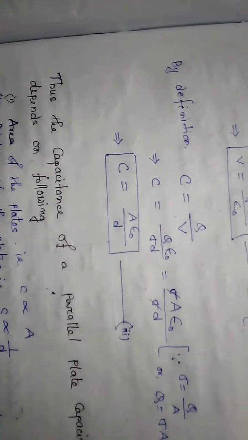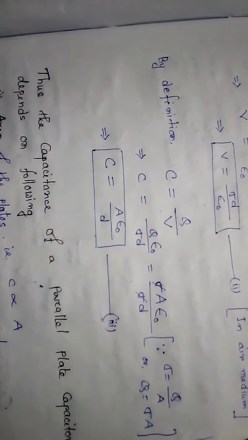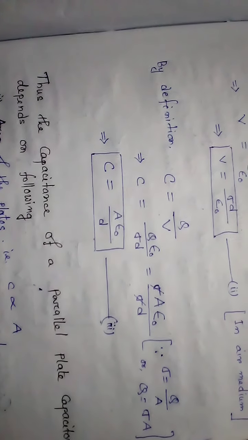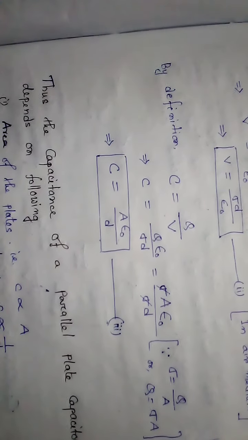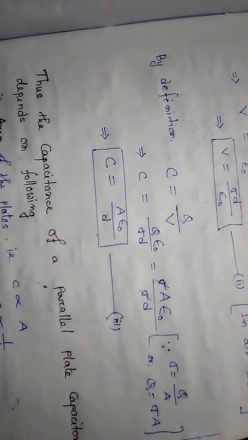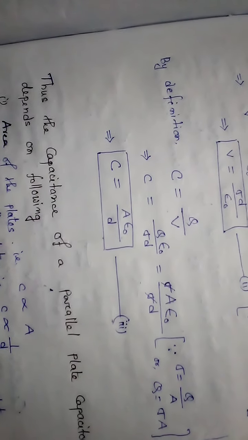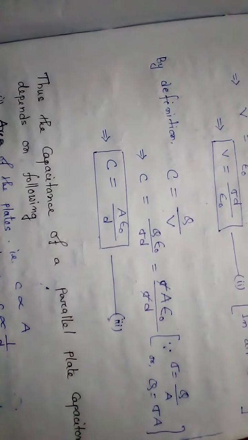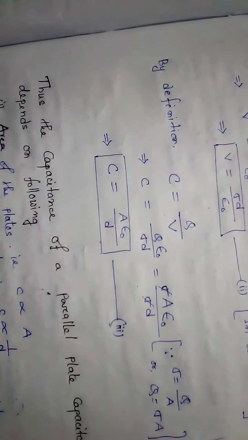So this is the equation for the capacitance of a parallel plate capacitor when the space between the two plates is filled with air. If the space between the two plates is filled with any dielectric material, then this becomes C equals A epsilon by d, where epsilon is the permittivity of the dielectric.